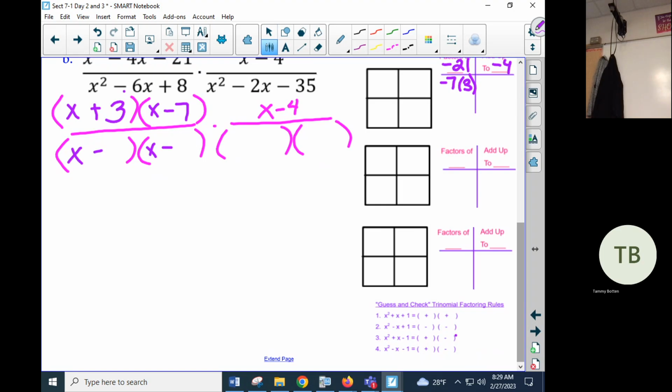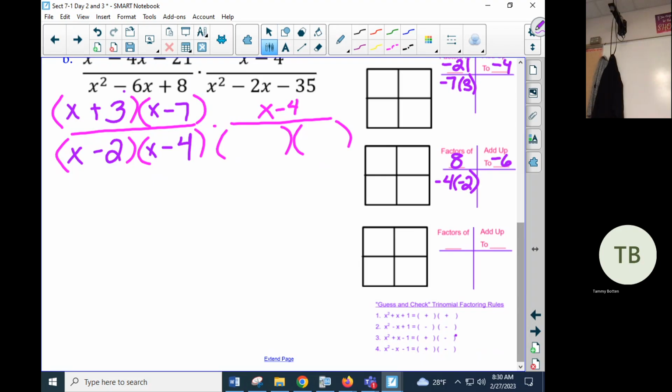So what are 2 factors of 8? They're both negative and they add up to negative 6: negative 4 and negative 2. So one of these would be a 2, one would be a 4. Doesn't matter which you do which. This one I couldn't factor.